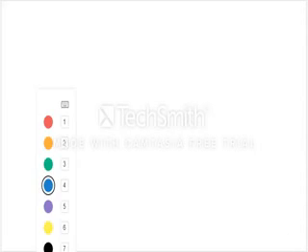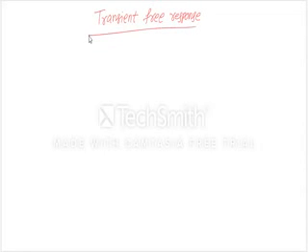Right, finally we'll conclude this. For the transient free response, the condition we need to see here: the first thing is the same relation for the RL and RC also.